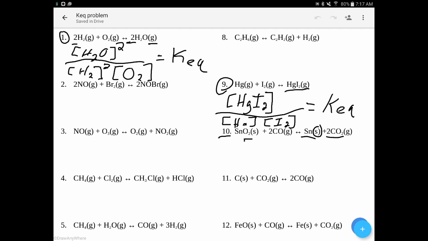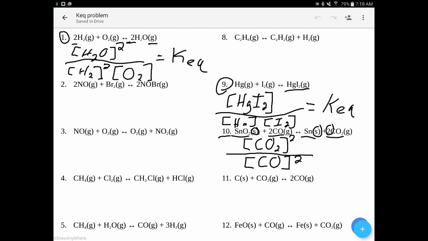So we just do concentration of CO2, and then CO2 has a coefficient of 2, so 2 as an exponent, divided by our reactants, and again, SnO2 is a solid, so we just pretend it's not there, and CO, concentration of CO, because that is a gas, and then it has a coefficient of 2, so we're going to put the 2 right there, and that's it.